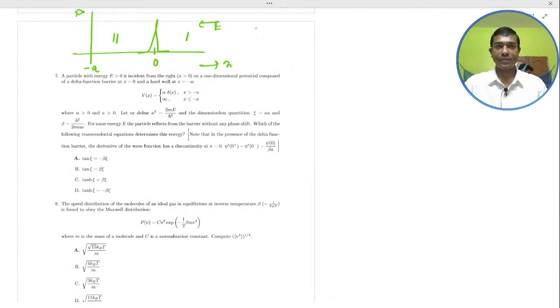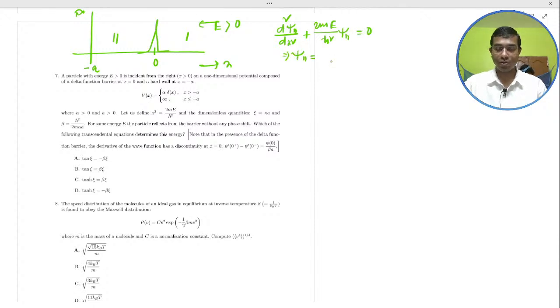Here the energy E is greater than 0. Now apply the Schrödinger equation in region 2: d square psi 2 dx square plus twice m E divided by h cross square psi 2 equals 0.